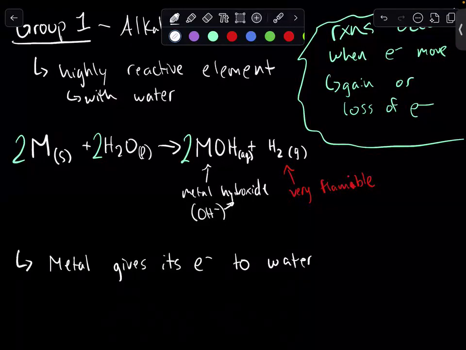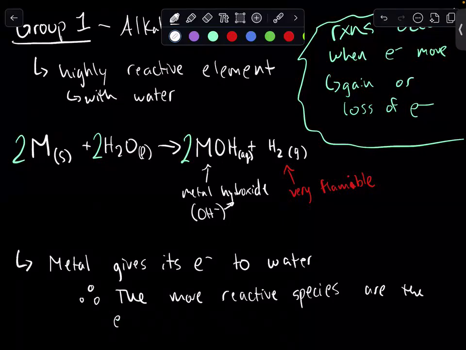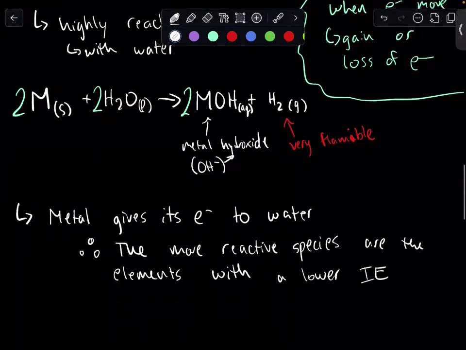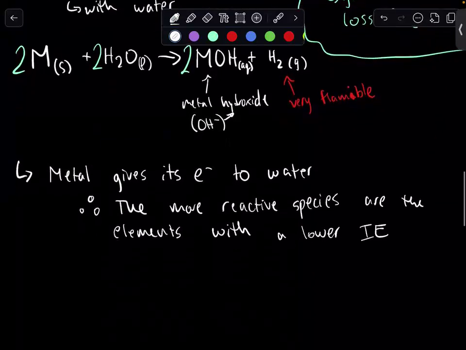And because it's giving its electrons to the water, we can say, therefore, the more reactive species are the elements with a lower ionization energy, meaning they're more likely to give that electron up.